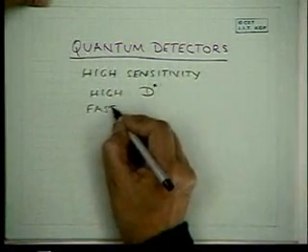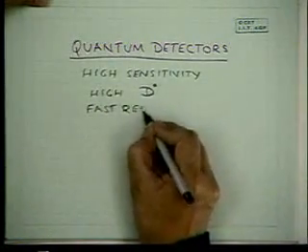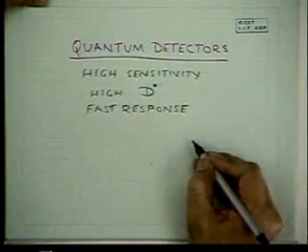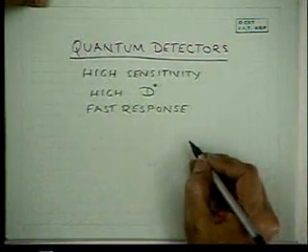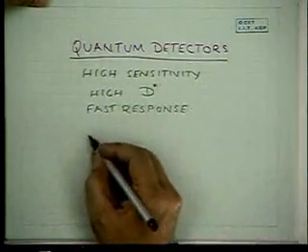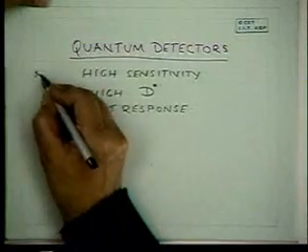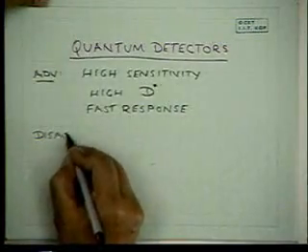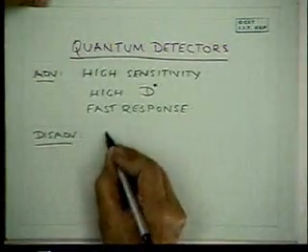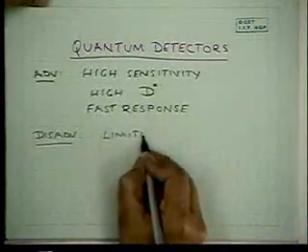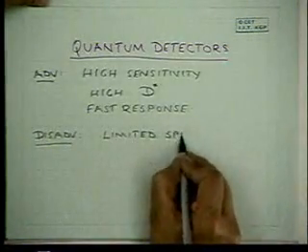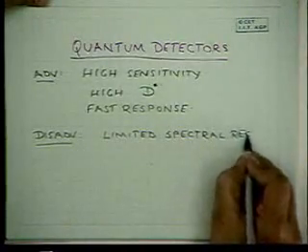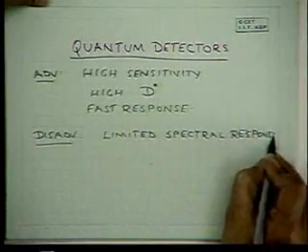That's one of the advantages, down to tens of picoseconds. However, they have some disadvantages, in the sense that they are often confined to a limited region of the spectrum, limited spectral response, depending upon the band gap of a semiconductor, for example.